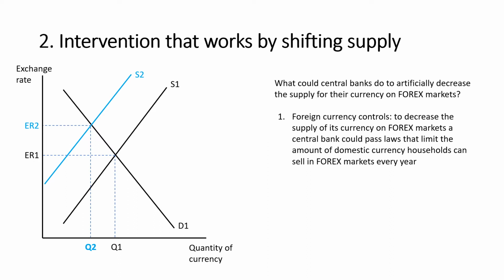Obviously, this was not a very popular policy with UK households, and some people tried to break the law. But obviously, like any laws, it needs to be enforced, and there needs to be fines for people who are caught taking money out of the country. I dare say even today there are types of foreign currency control.